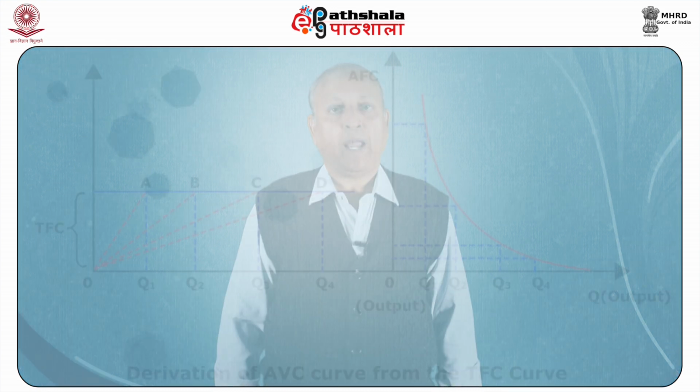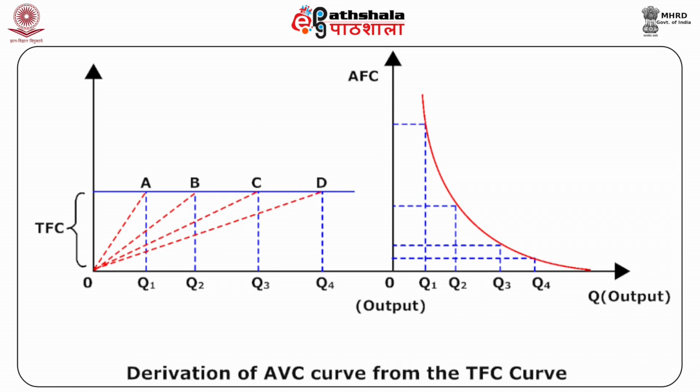So as the output increases from Q1 to Q2 to Q3 to Q4, if you draw a ray from the origin which goes and touches a point on the total fixed cost curve, such as point A for the quantity being Q1, then what we could see is that the slope of this line would have AQ1 as the numerator, which is the total fixed cost, divided by OQ1, which is the denominator, which is the quantity.